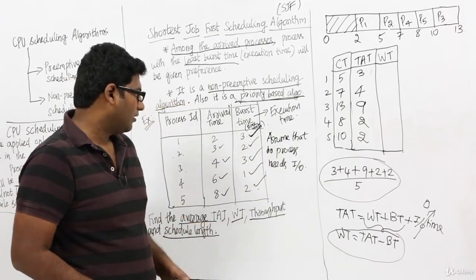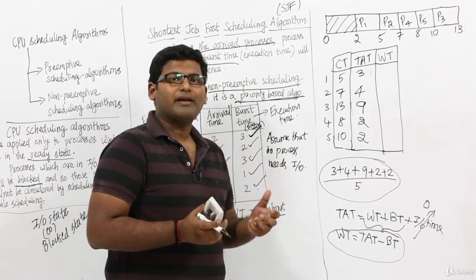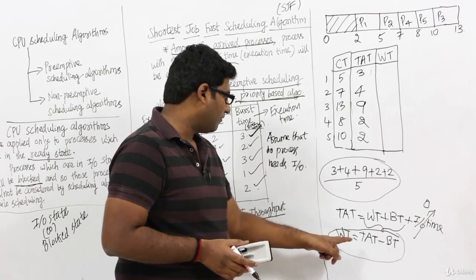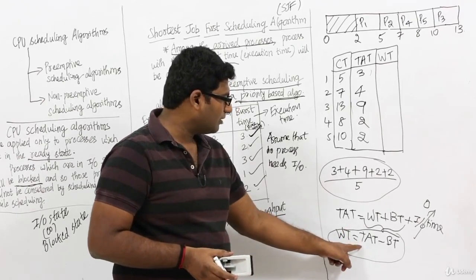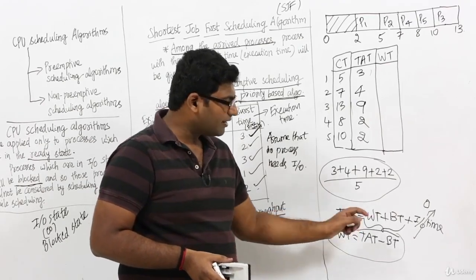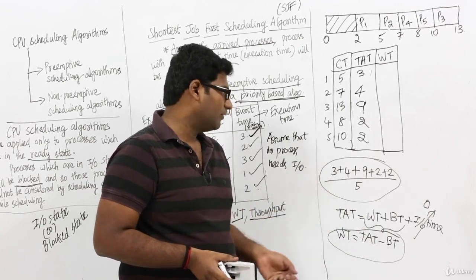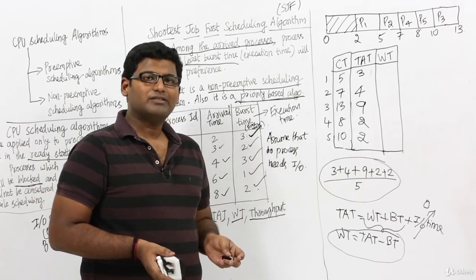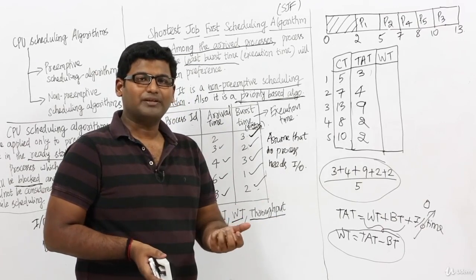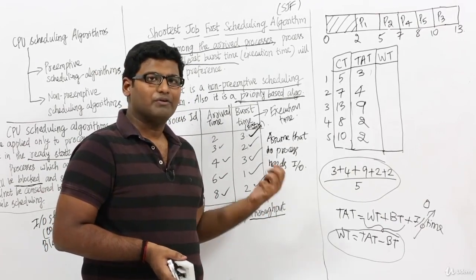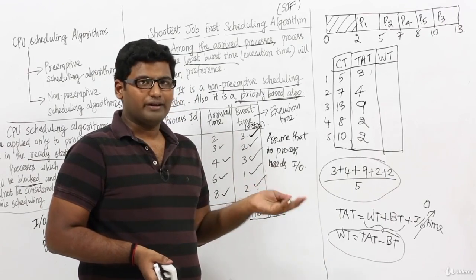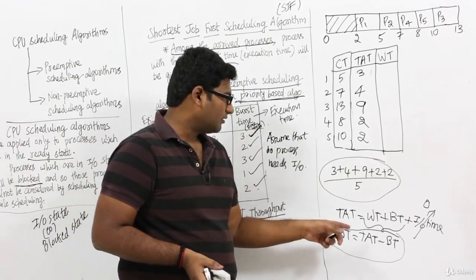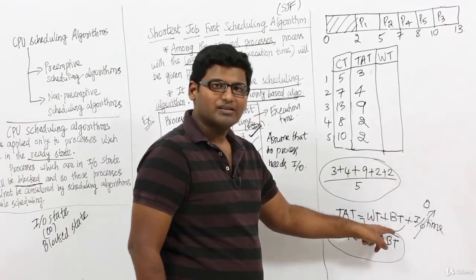What is meant by waiting time? Turnaround time is a combination of waiting time plus burst time plus IO time. Now IO time is 0, so turnaround time is a combination of waiting time, which means the time spent by a process within the RAM without doing anything, plus the time spent by the process with the CPU.